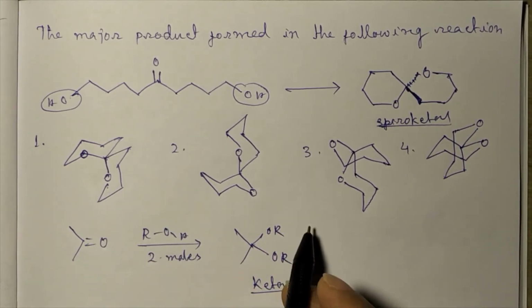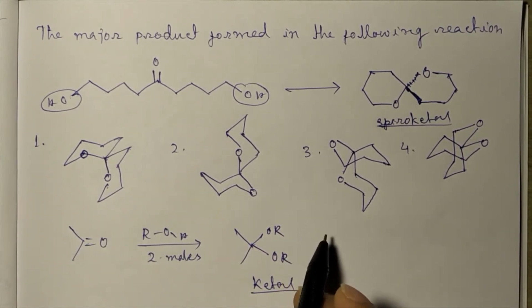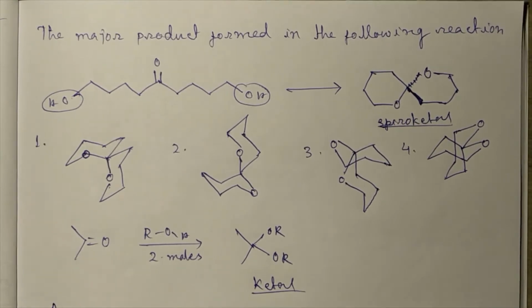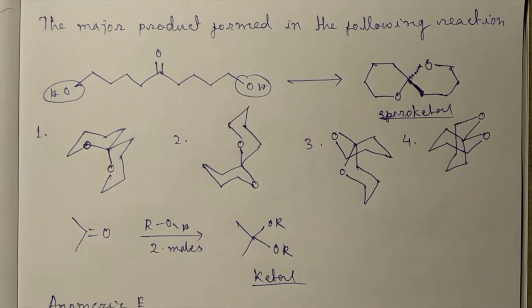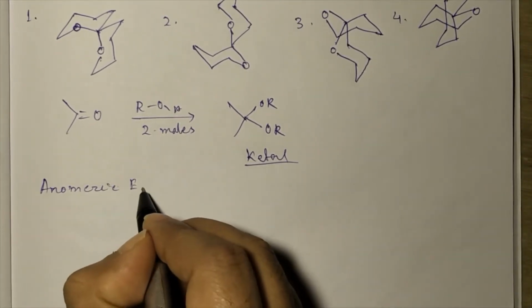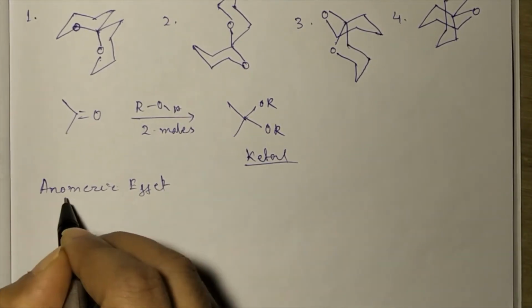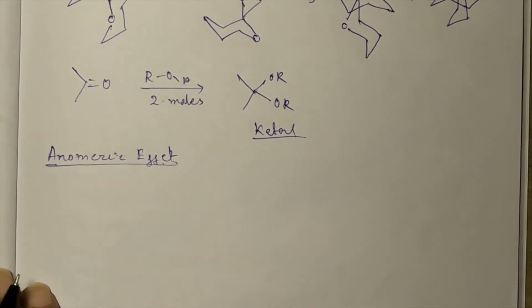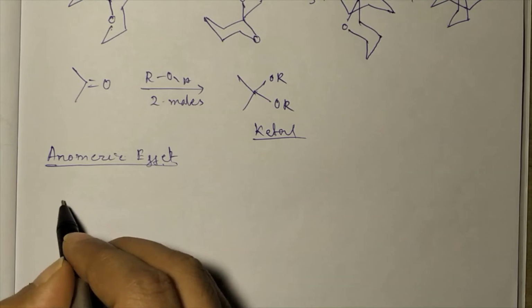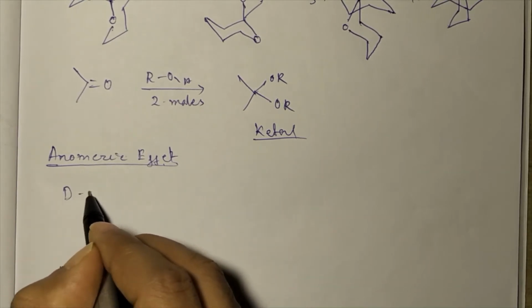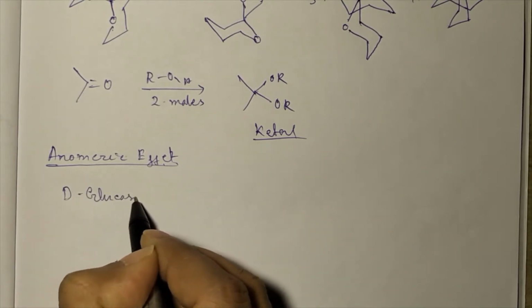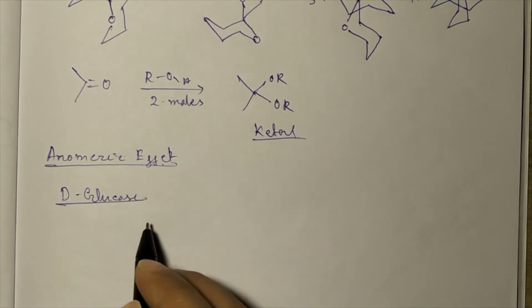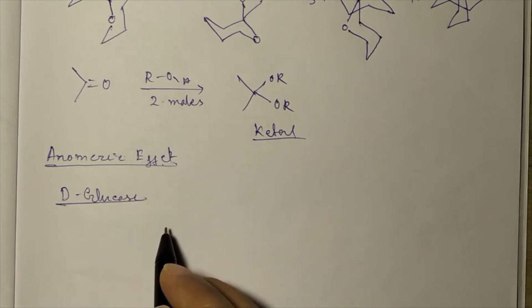This can be explained with the help of the anomeric effect. So what is the anomeric effect? The anomeric effect was observed in sugar chemistry. As we know, D-glucose exists in water in two forms, that is alpha D-glucose and beta D-glucose.